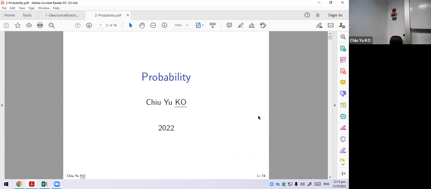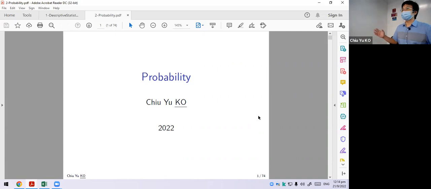Usually we will say, we toss a coin. It's a fair coin. We will say half of the time you expect a tail, half of the time you expect a head. So we put 0.5 to probability of head, 0.5 probability of tail.